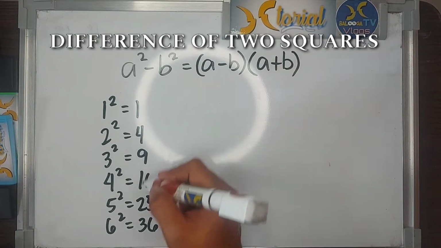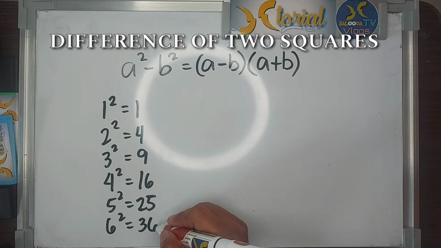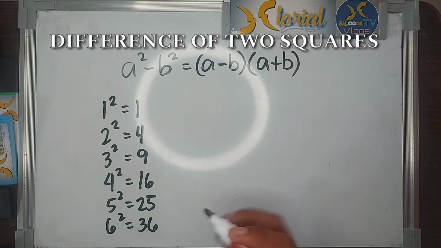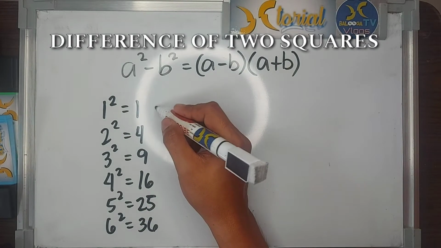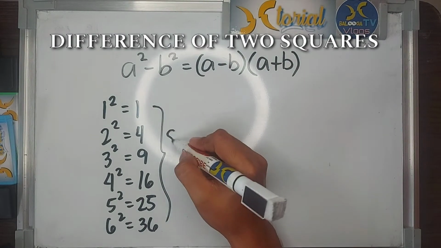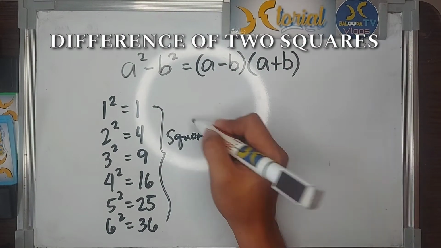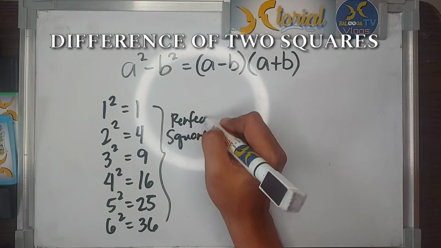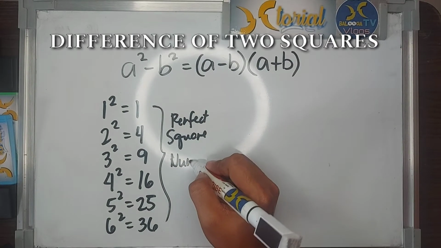So, 1, 4, 9, 16, 25, 36, and so on and so forth. Marami pa po yan. So, ang tawag natin dyan ay square numbers or perfect square numbers.